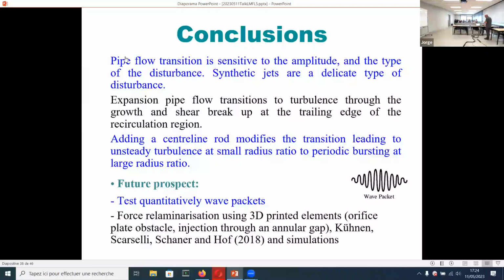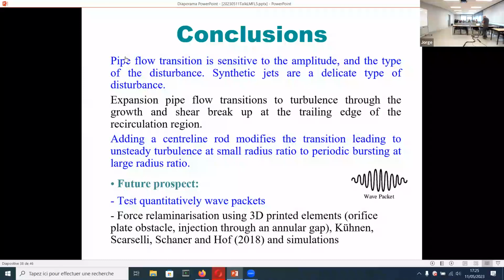Also, I played with the expansion, with the effect of a rod, to show you that whenever you have a corner, it creates a recirculation that changes very much the transition mechanism. These recirculations will then interact and will reduce the Reynolds number very much.